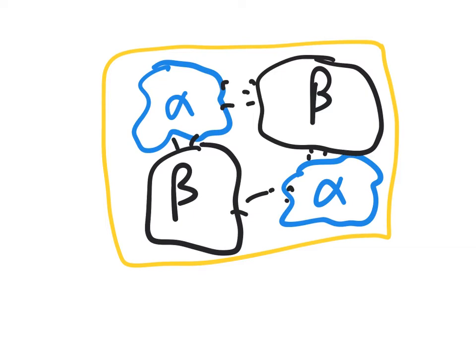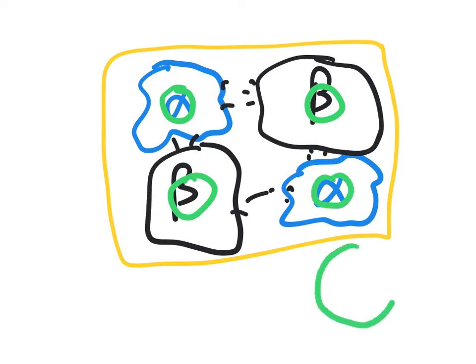But the real key to grabbing oxygen is in what is in the center of each of these subunits. So each alpha and each beta subunit is equipped with what we call a porphyrin ring. And if we pull that porphyrin ring out, we will see that in the center of that porphyrin ring is a molecule of iron.